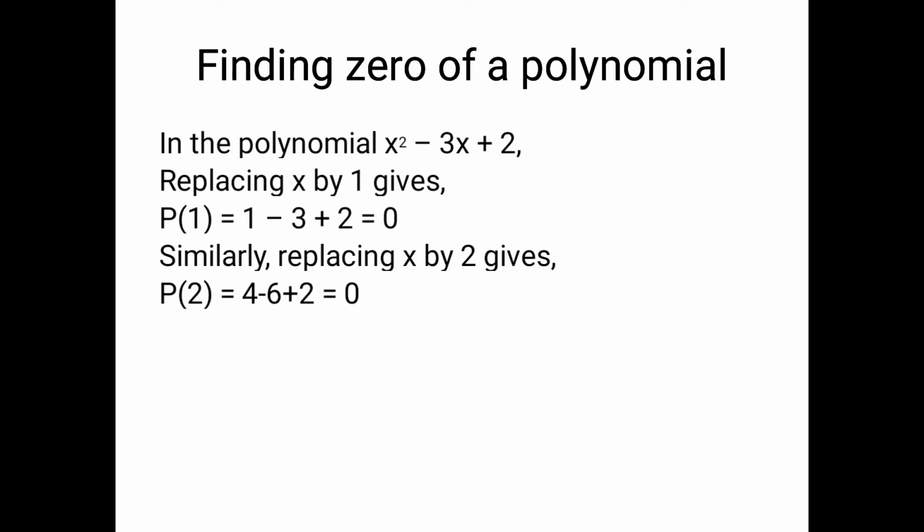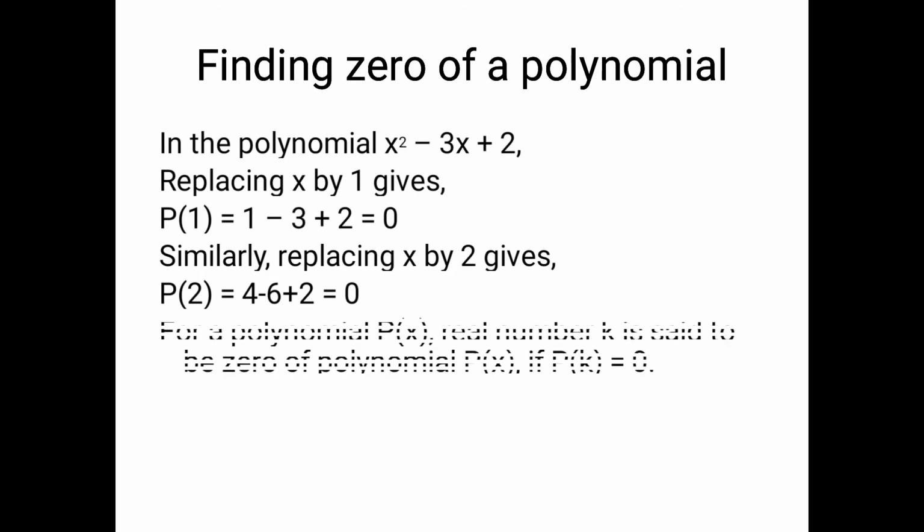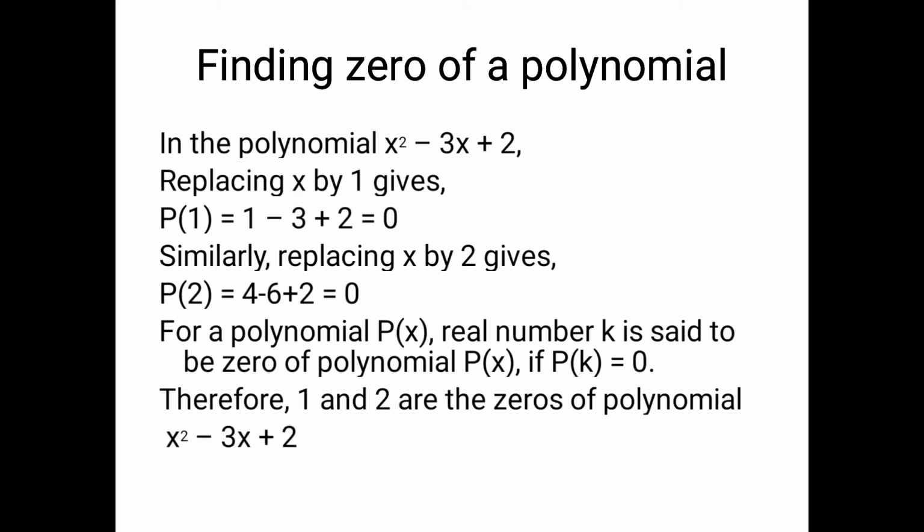For these values, x equal to 1 and x equal to 2, we are getting the solution 0, so p of x becomes 0. So these are the zeros of the polynomial. Therefore, 1 and 2 are the zeros of the polynomial x square minus 3x plus 2.